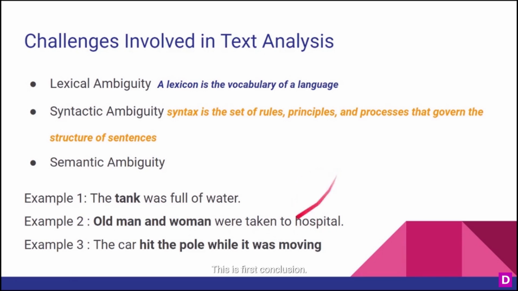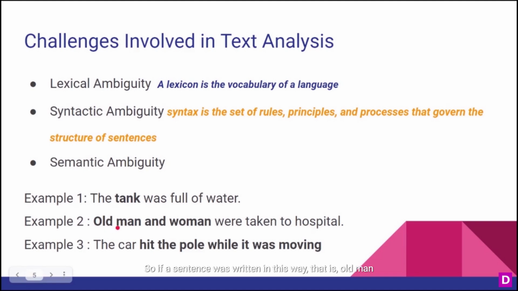The second is that an old man and a normal or young woman were taken to the hospital. We can come up with a different meaning based on how the structure of the sentence is made.